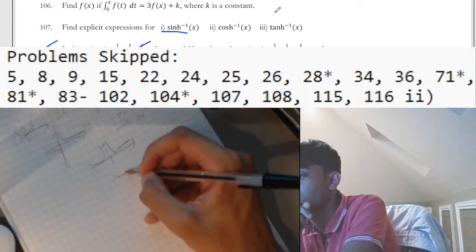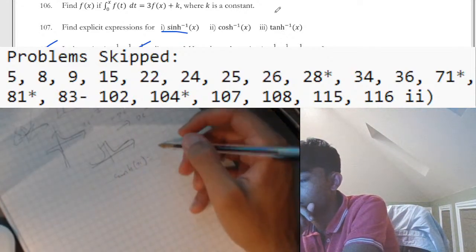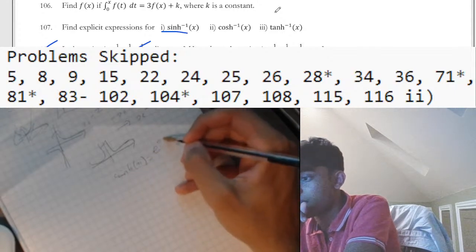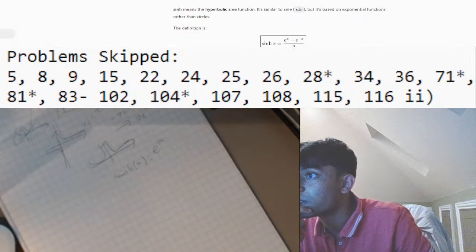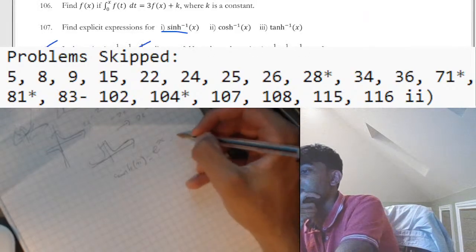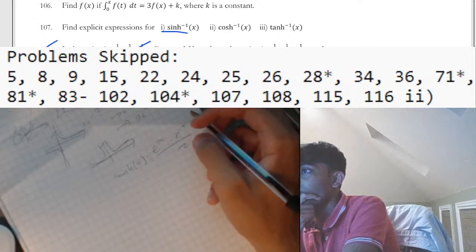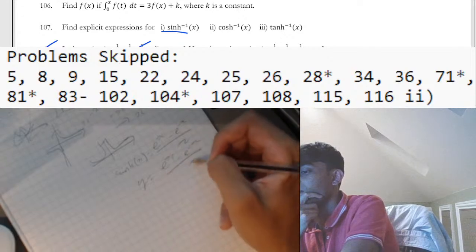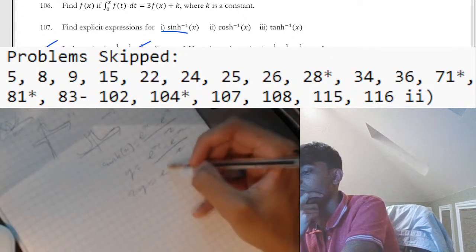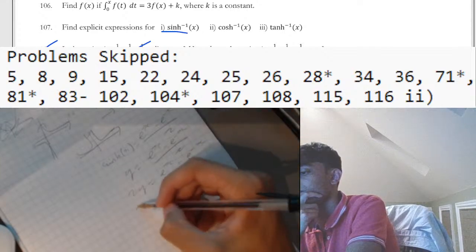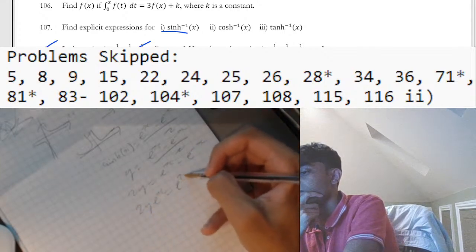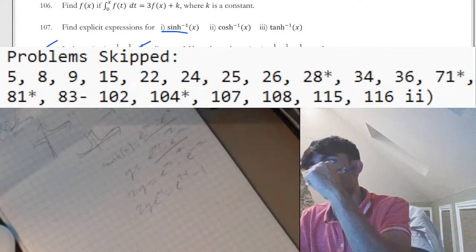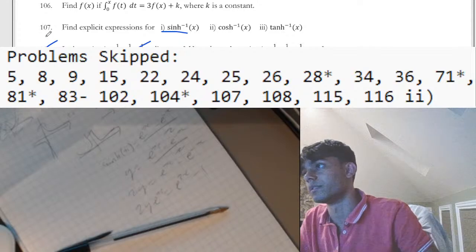So sin x, I'm being told, is e to the x minus e to the minus x, over 2. Find the inverse, so you just do it. And then this is quadratic in terms of e to the x, we solve it and you take a log, and I think it's the same for the others too, so yeah.